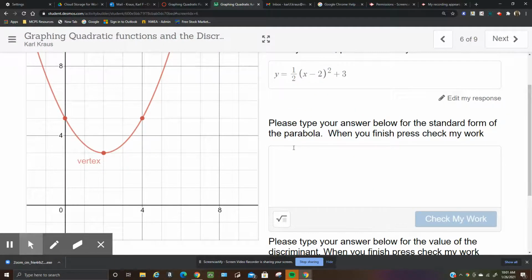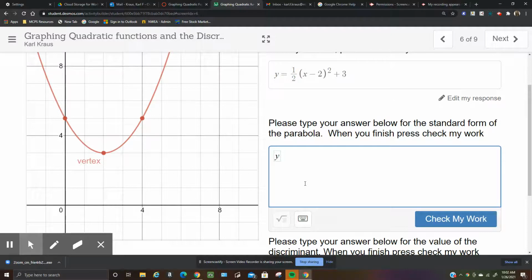In standard form, I'm going to write this binomial down twice.